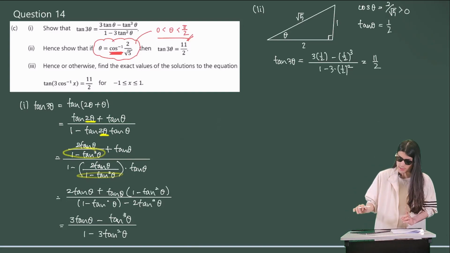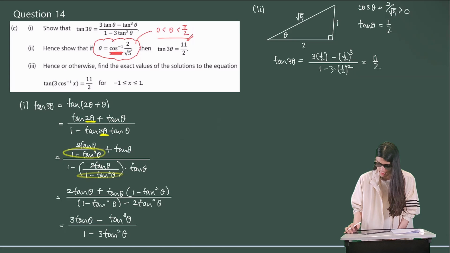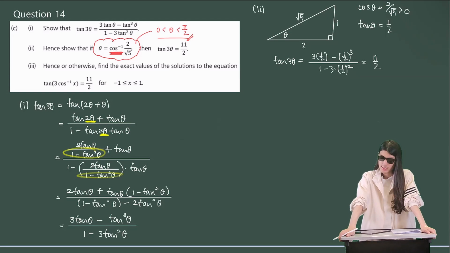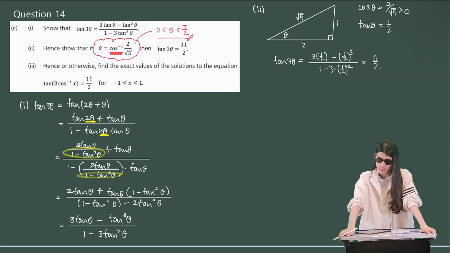And then for the last part of the question, hence or otherwise find the exact values of the solutions to the equation tan 3 cos inverse x equals 11 on 2 for x between -1 and +1.